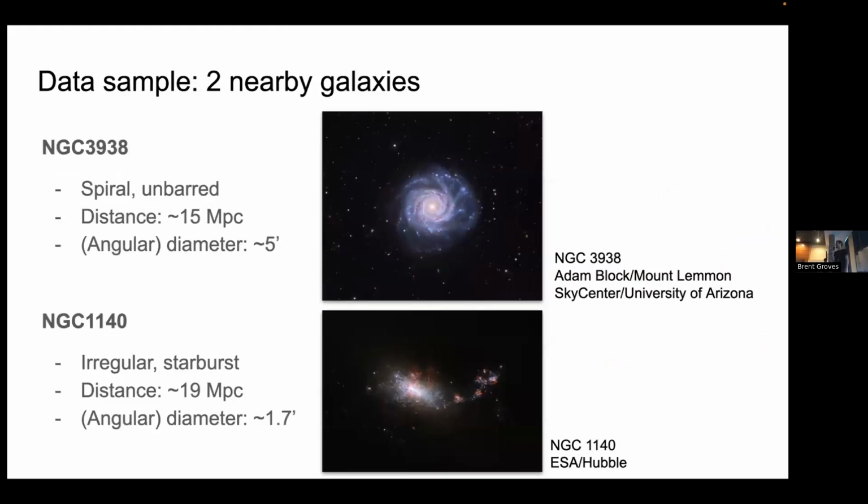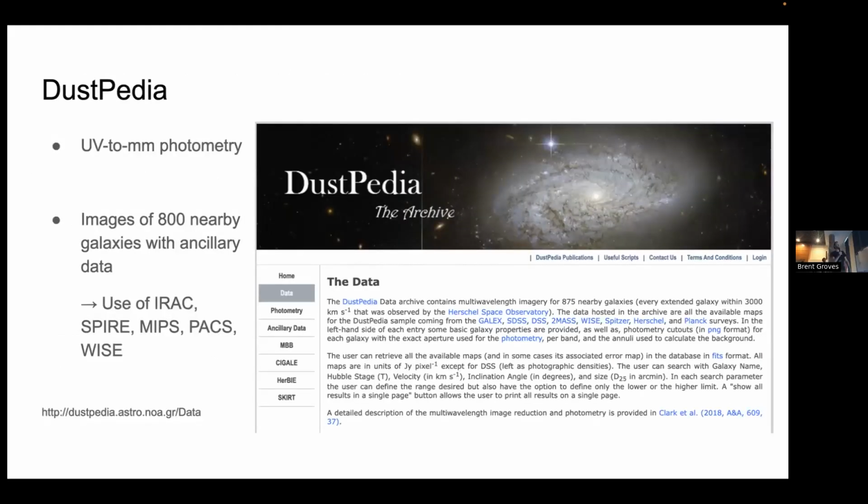The targets that we analyzed were 2 nearby galaxies, NGC 3938 and NGC 1140, which are located in the local universe. We wanted to explore the dust properties in these 2 targets. For this we used the DustPedia archive, which is a catalog that consists of observations from the UV to the millimeter. It is very useful because it hosts a lot of nearby galaxy observations.